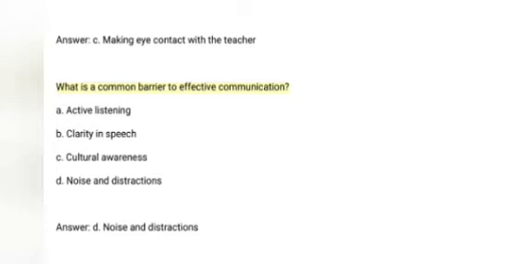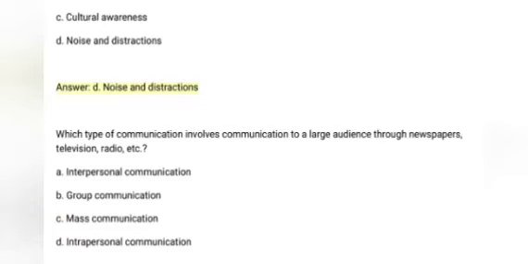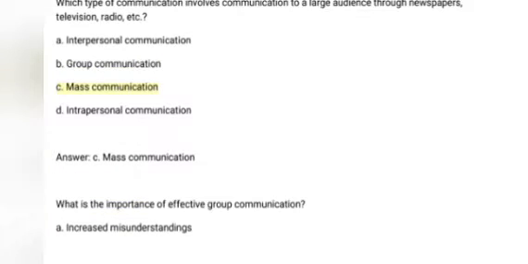What is a common barrier to effective communication? A. Active listening. B. Clarity in speech. C. Cultural awareness. D. Noise and distractions. Answer: D, noise and distractions. Which type of communication involves communication to a large audience through newspapers, television, radio, etc.? A. Interpersonal communication. B. Group communication.